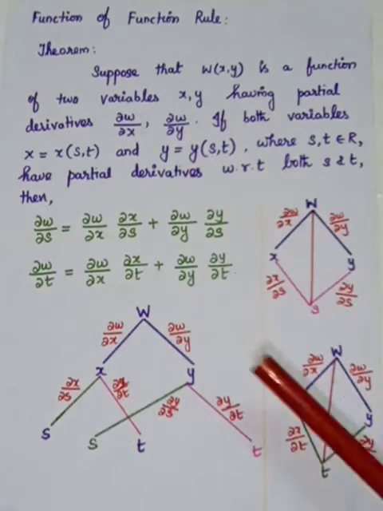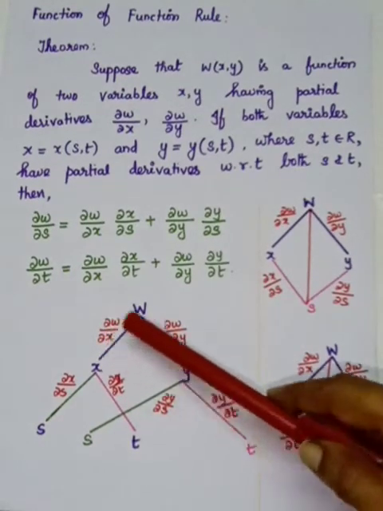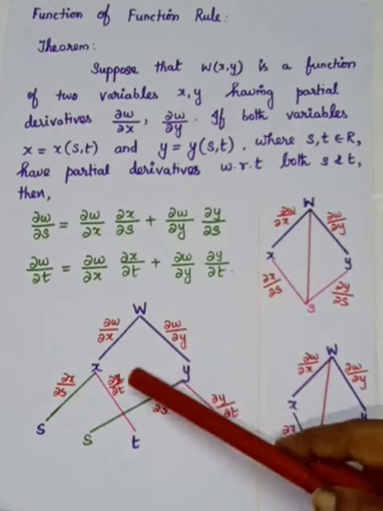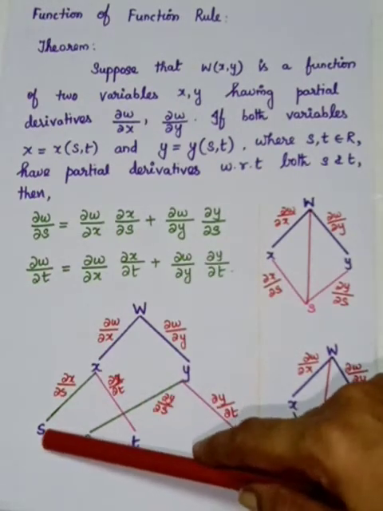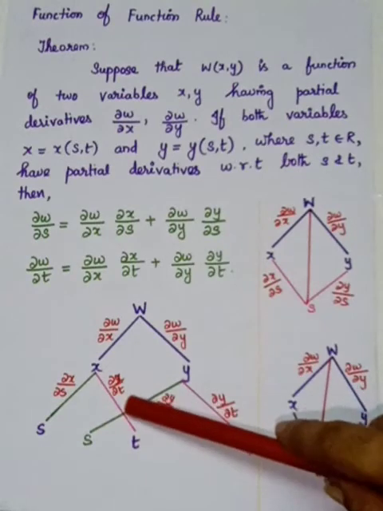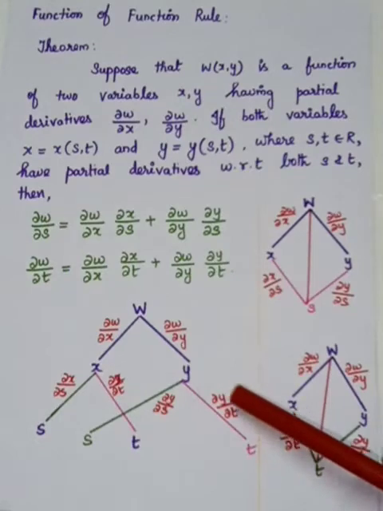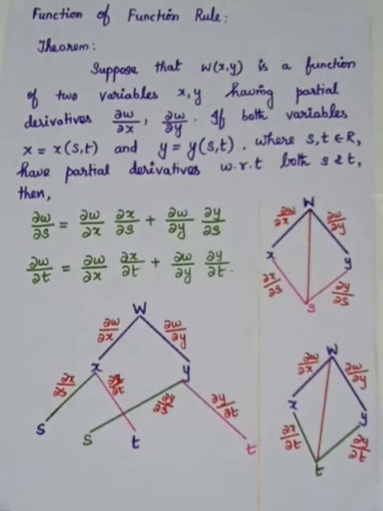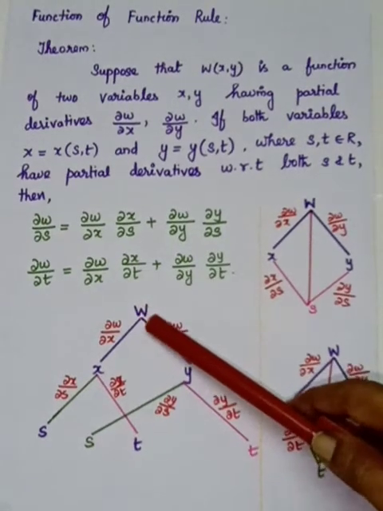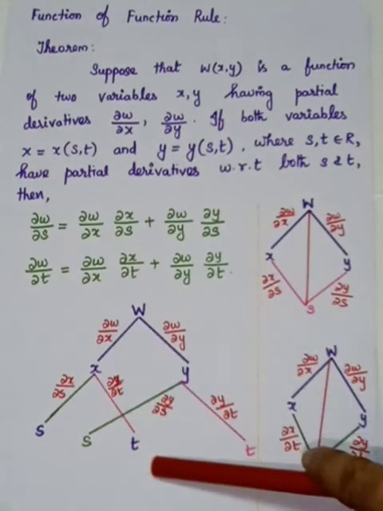So W has the partial derivatives dou w by dou x, dou w by dou y, and x also has the partial derivatives dou x by dou s and dou x by dou t. Y also the same way, dou y by dou s and dou y by dou t. Here all are having partial derivatives. So from that we can find dou w by dou s separately and dou w by dou t separately.